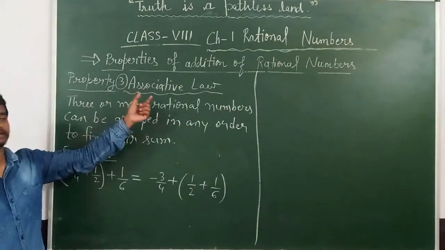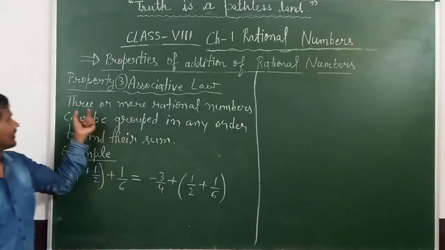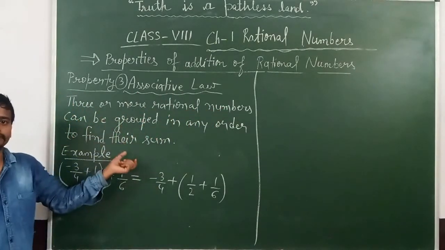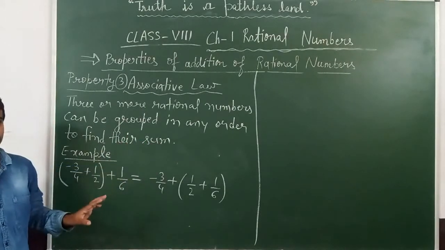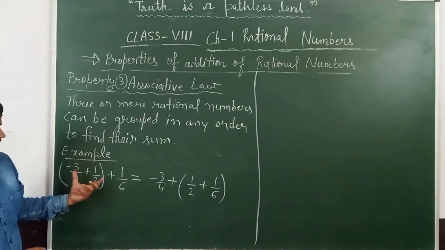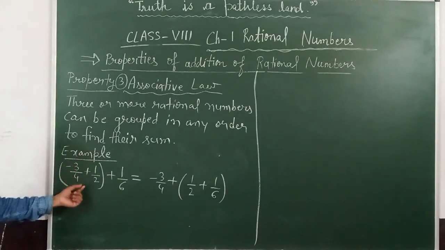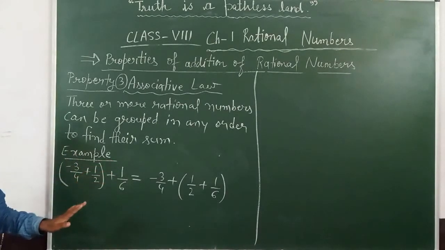Next property is associative law. Three or more rational numbers can be grouped in any order to find their sum. For example, we have three rational numbers, minus 3 upon 4, 1 upon 2, 1 upon 6.